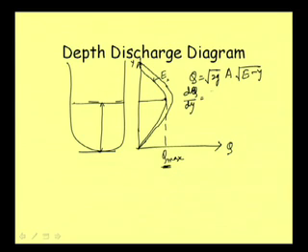We can write this as root over twice g, which will remain as it is, then the first term into the differentiation of the second term. Differentiating E minus y to the power half, the half will come down, so we get half into E minus y to the power minus half, one minus half, and then let me put a bracket here.